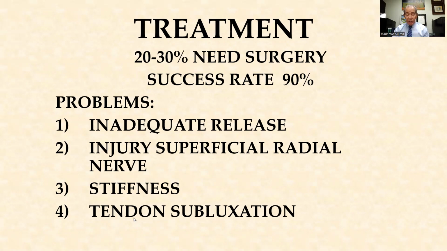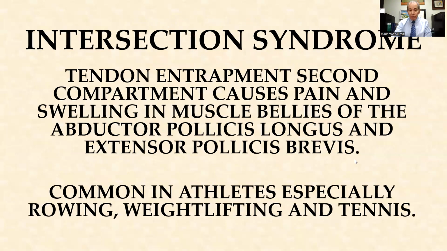Stiffness and tendon subluxation. What happens is if you release the compartment, when you turn your thumb back and forth like this, I'm going to sit further back so we get a better view, back and forth like this, it pops back and forth over the distal end of the radius, and that can be annoying, very difficult to fix.